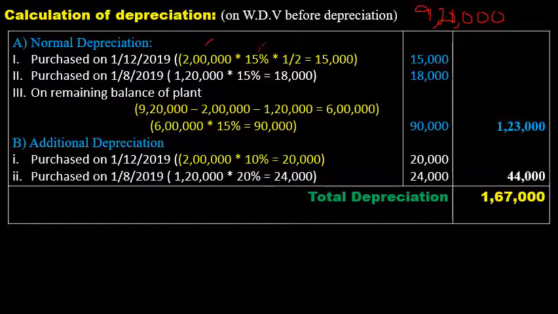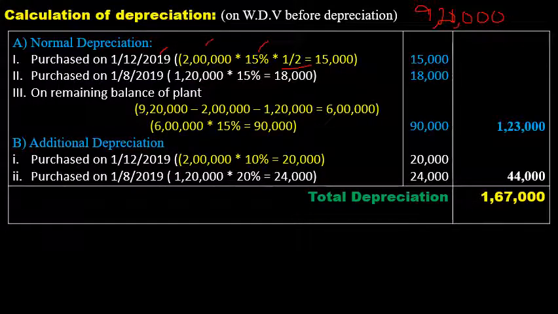and 15%, and it was purchased in the month of December 2019. From December to March, the company used it for less than 180 days. If you count the number of days, the use of the asset was less than 180 days. Therefore you have to calculate half of the rate of depreciation. 2 lakh, 15% is the rate of depreciation, half, because this asset purchased on 1st December was used for less than 180 days.